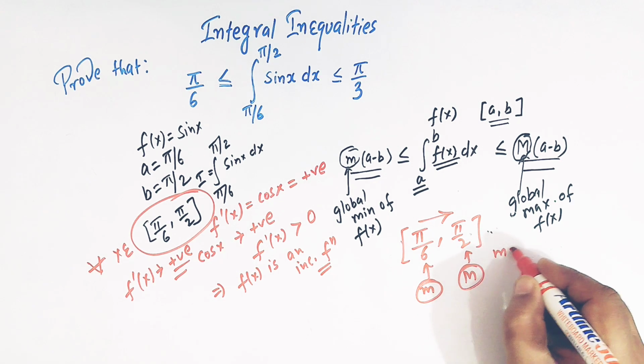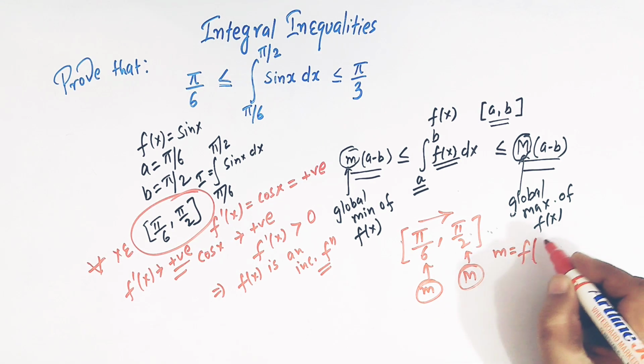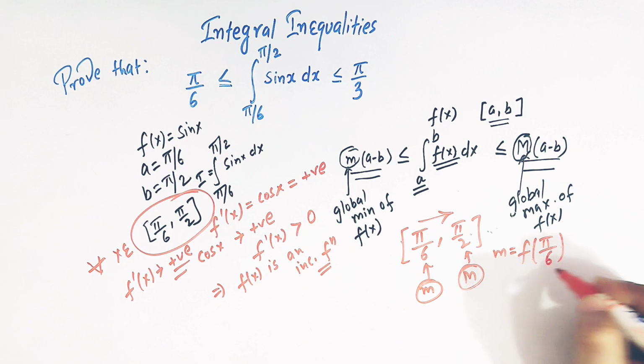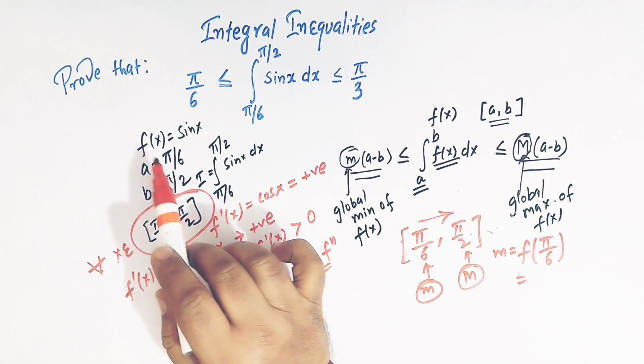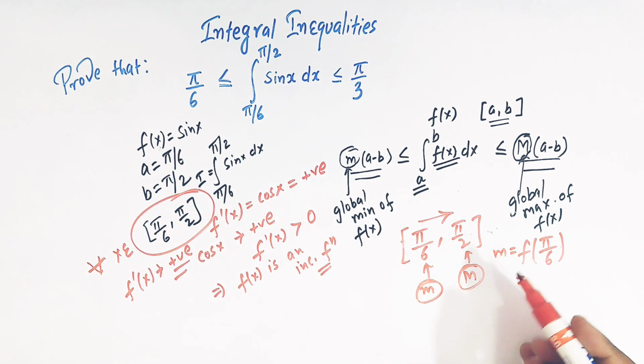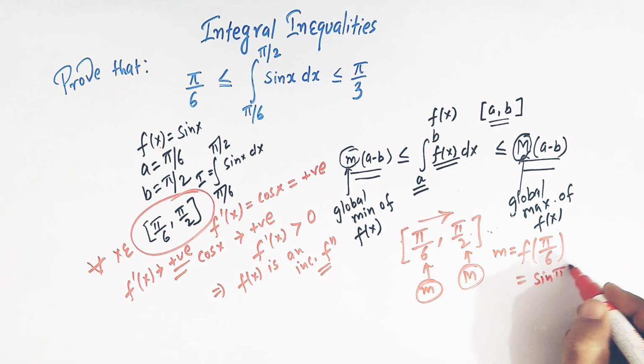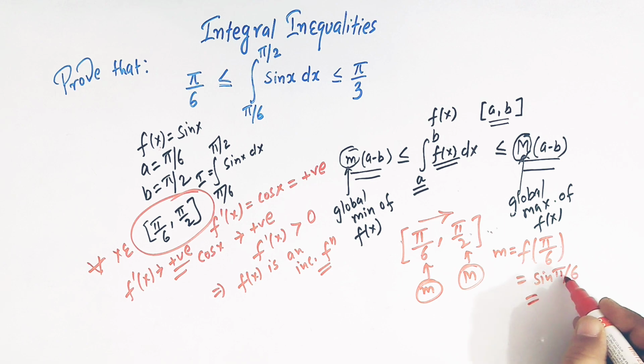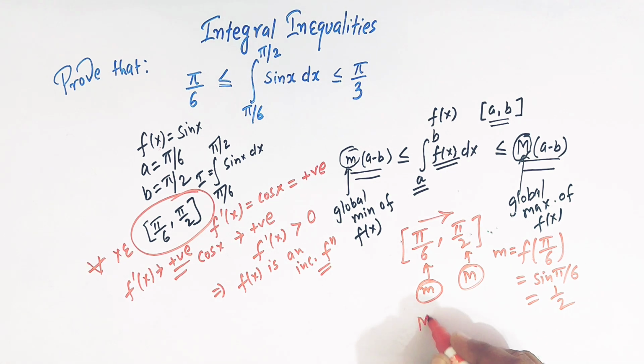So m is given by f of pi by 6, which can be obtained by taking x equal to pi by 6. So we have sine pi by 6, and sine pi by 6 is sine 30 degrees, which is equal to half. Capital M is given by f of pi by 2, which is sine pi by 2, equal to 1.